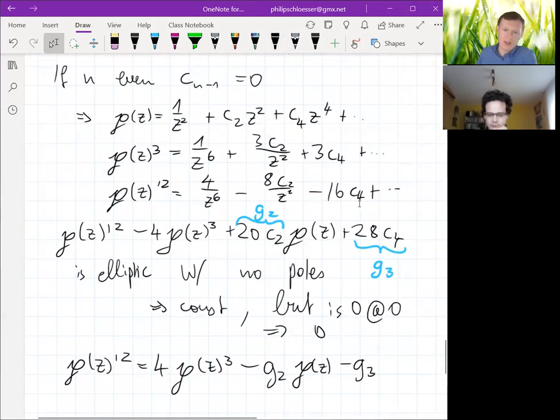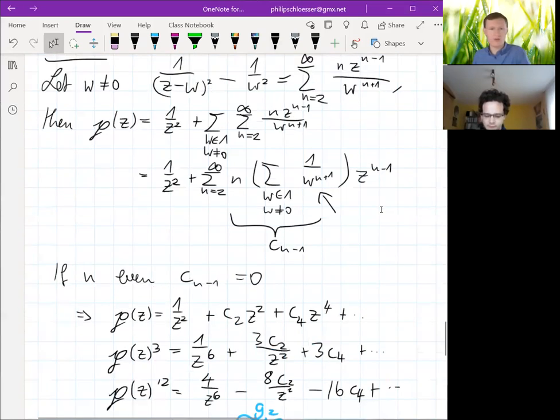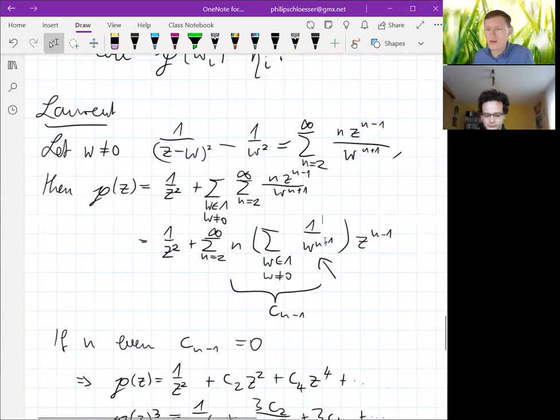And notice that our G2 and G3, well, we defined them in terms of C2 and C4, and C2 and C4 are these values here that, well, only depend on the lattice, really. I mean, you can write them as some meromorphic function in omega-1 and omega-3, but really they only depend on the lattice.